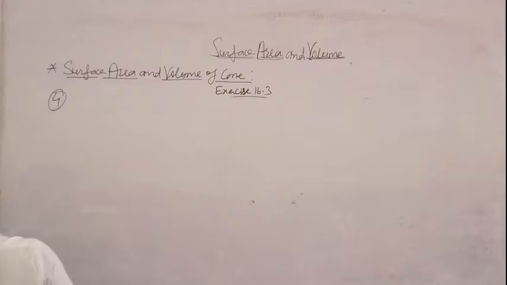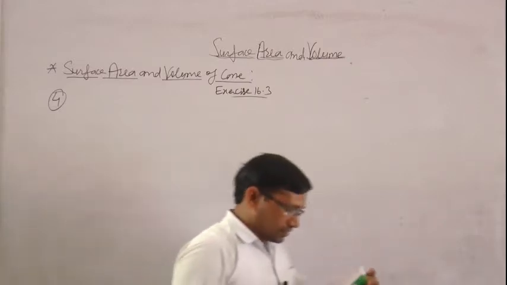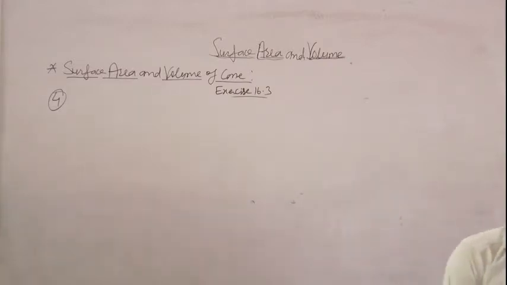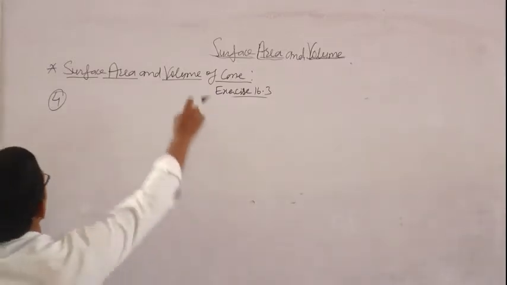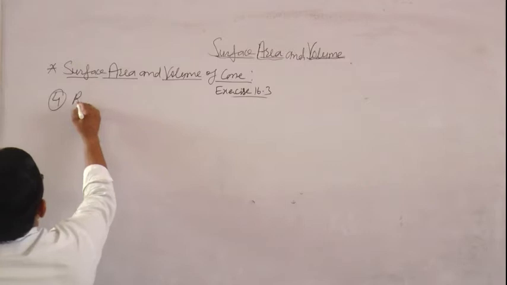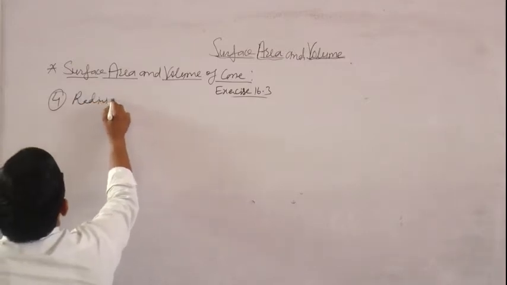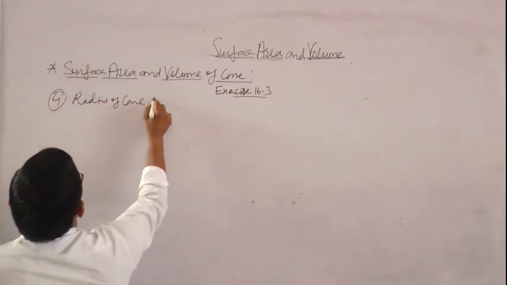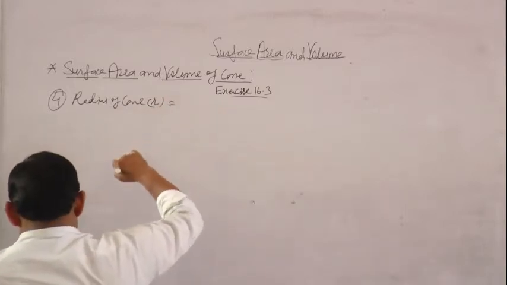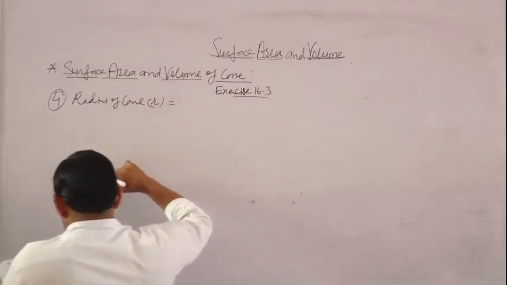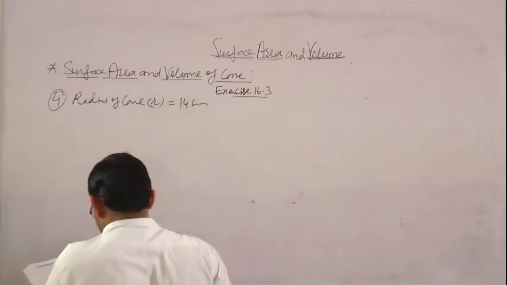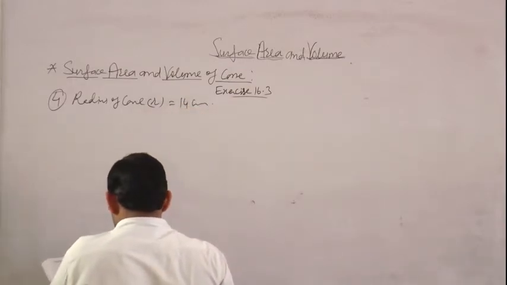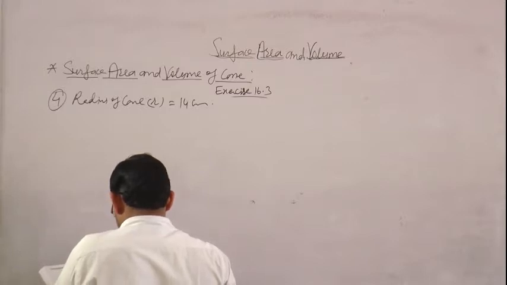Question number 4 is find the curved surface area and total surface area of cone whose radius of base is 14 centimeter. It means radius of cone is given. Radius of cone is 14 centimeter and slant height is 50 centimeter.